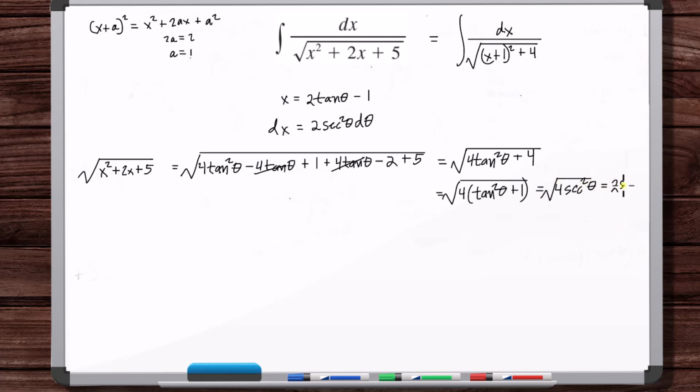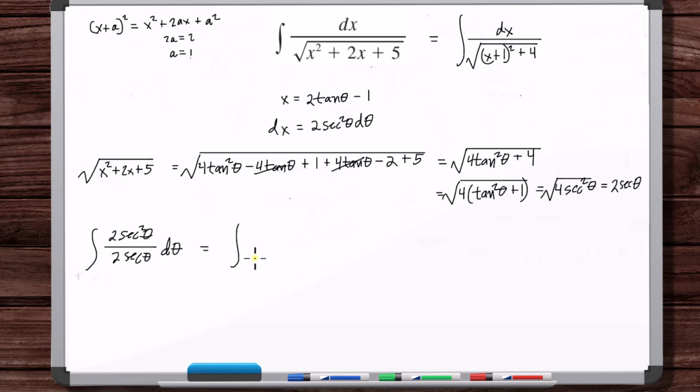So we get 2 secant theta, and we don't have to put the absolute value because of the domain restriction. Pretty cool, right? So we've got 2 secant theta, and then dx is 2 secant squared theta d theta.